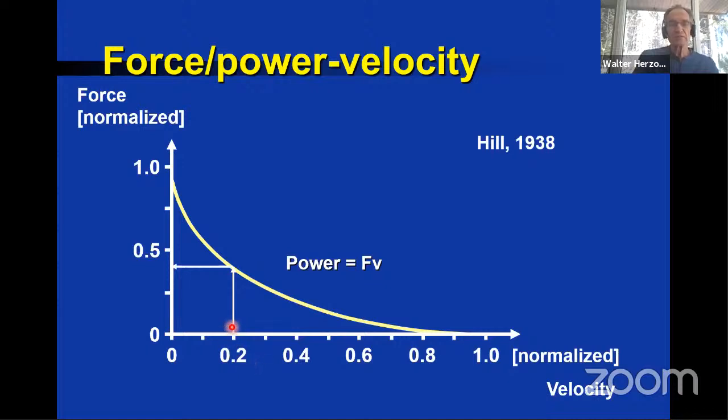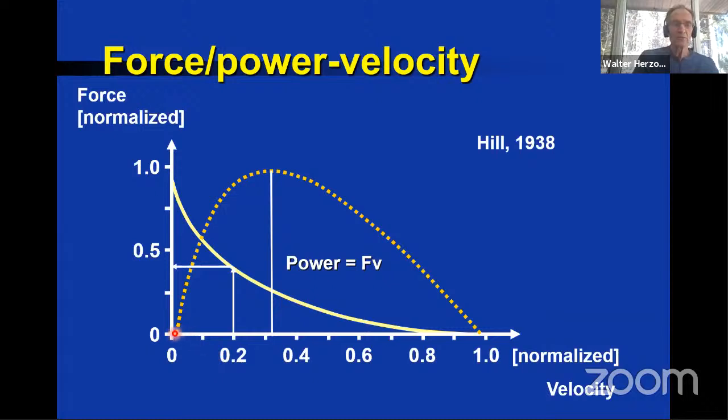But what you have here is when you do that, you can take any point on the force-velocity relationship, this one, and then the next one, and the next one, multiply them by one another, and then you get this curve that is now the power as a function of the velocity of shortening. Here power would be zero because force has become zero because the velocity is so fast.